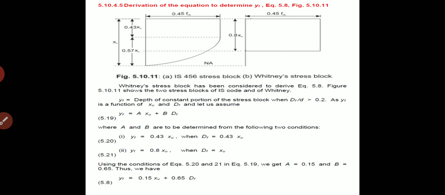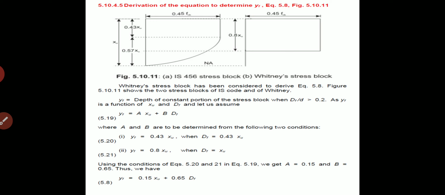Showing the two stress blocks of Indian Standard Code. Yf equal to the depth of constant portion of the stress block when Df by small d is greater than 0.2. As Yf is a function of Xu and depth of flange, let us assume Yf equal to A into Xu plus B into Df, where A and B are to be determined from the following two conditions.